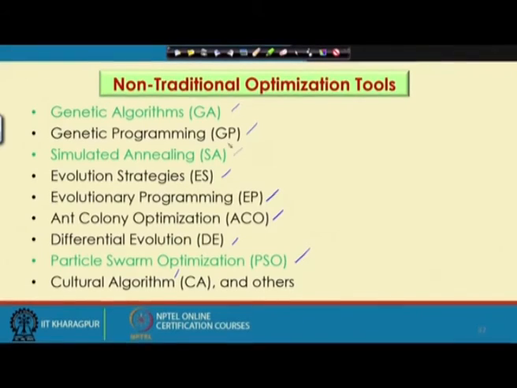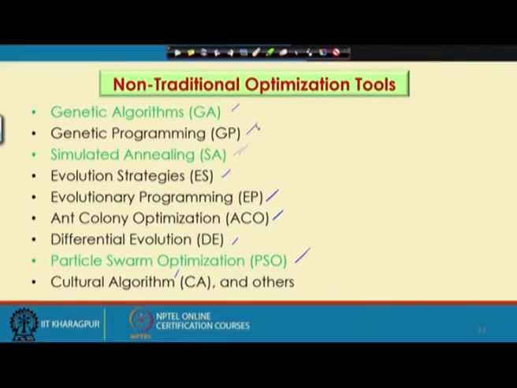I will also be discussing the principle of simulated annealing. Here, we try to model artificially the cooling process of molten metal and try to solve the minimization problem.